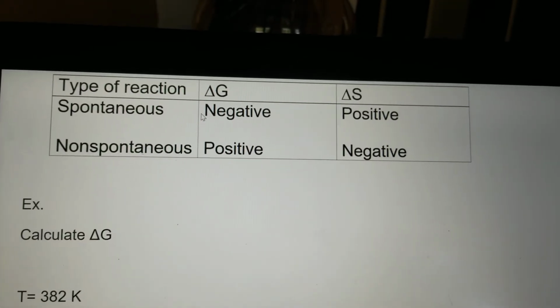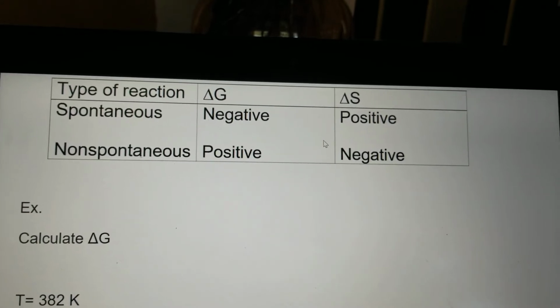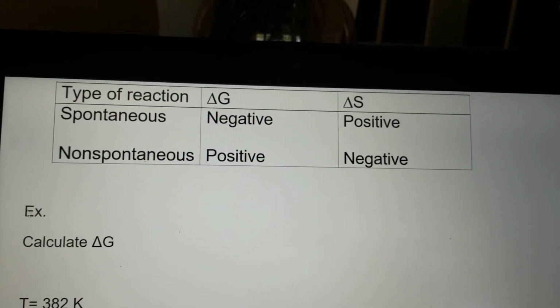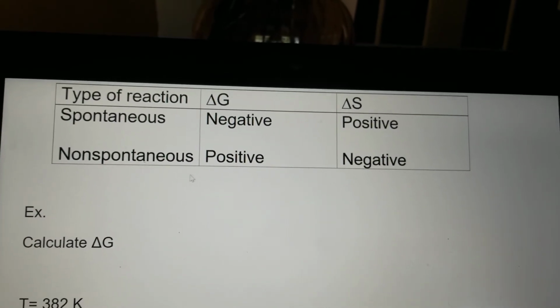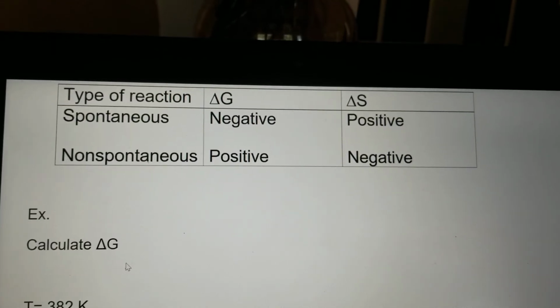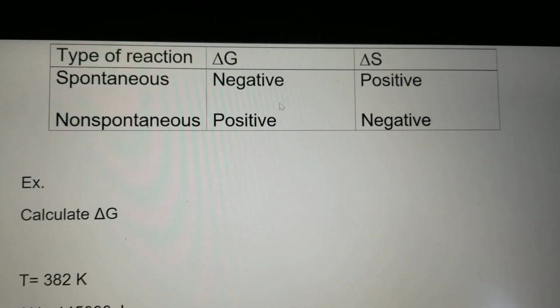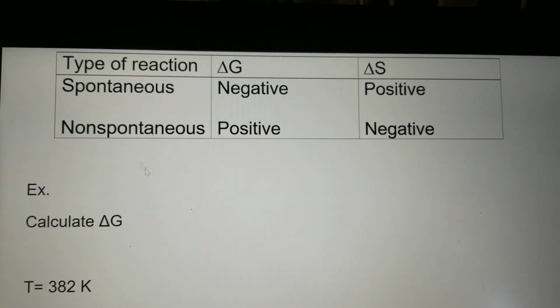And if for some reason you had both positive or both negative, then you would not be able to determine the spontaneity based on this table. You would have to look at the temperature values, and we'll talk more about that in DP. For now, you will have either spontaneous or non-spontaneous reactions.